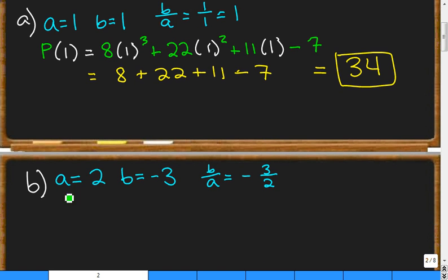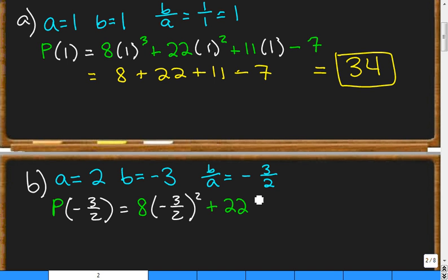So we go ahead and we say, okay, well, p of negative 3 halves, that equals 8 times negative 3 halves cubed plus 22 times negative 3 halves squared plus 11 times negative 3 halves minus 7.